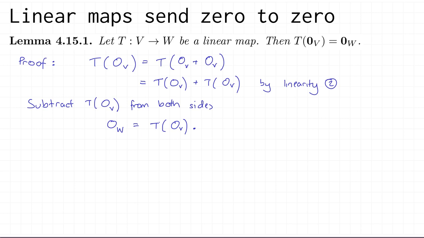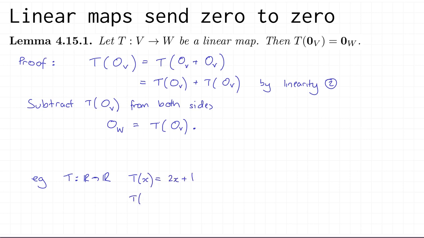So just to revisit the example that we saw at the end of the last video of a non-linear function, we had T from the real numbers to the real numbers given by T of x equals 2x plus 1.